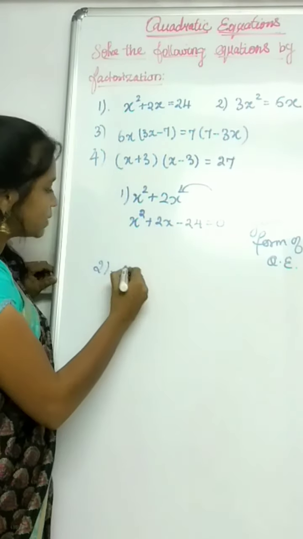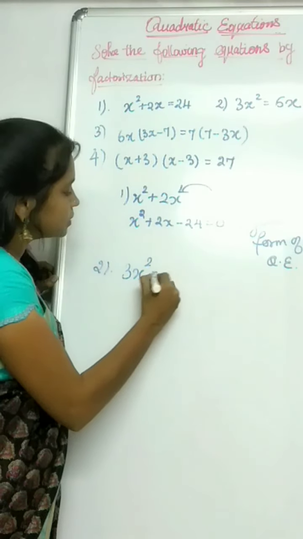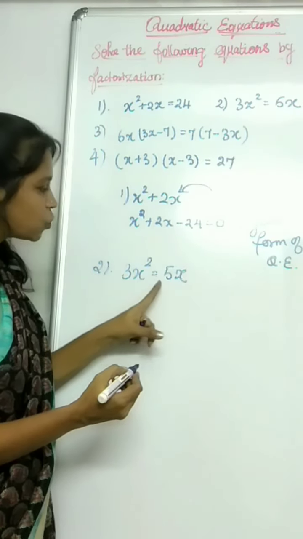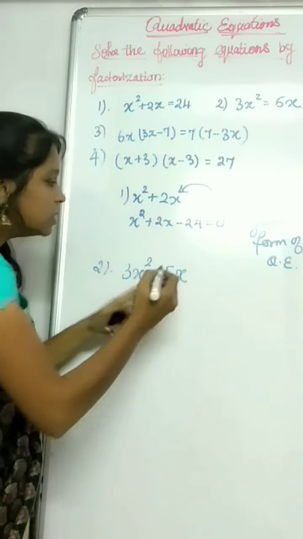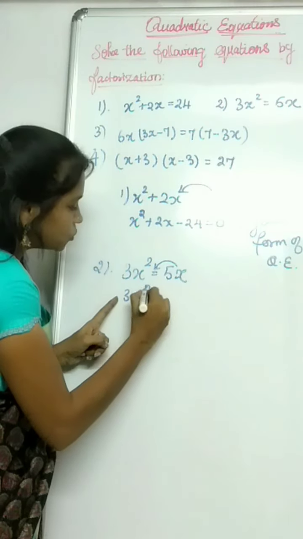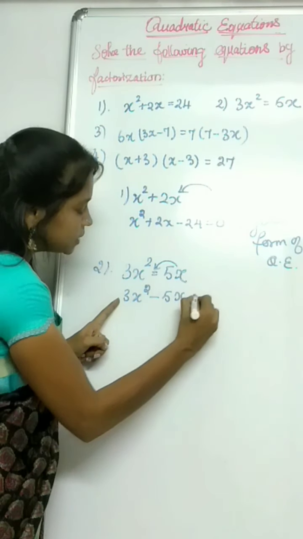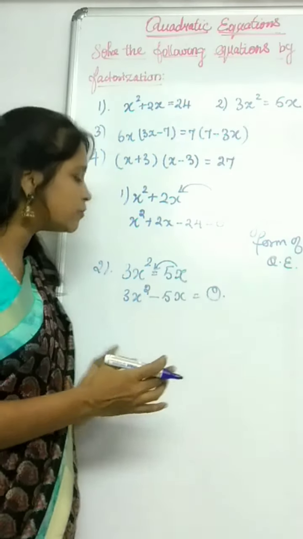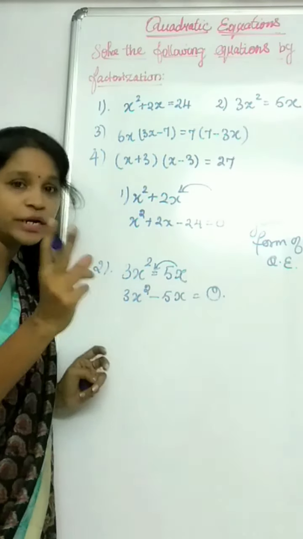Now the second question is 3x square is equal to 5x. First you have to transpose this value to this side. So 3x square minus 5x is equal to 0. This is not actually the general form of a quadratic equation, because we have only two terms.